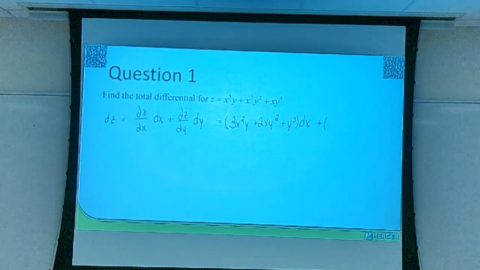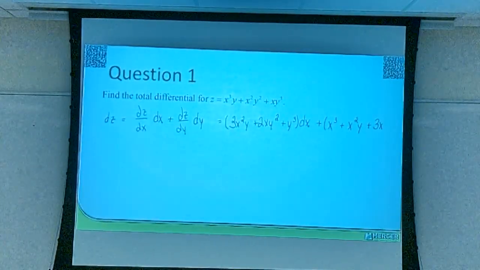Partial z partial y: plus x squared y plus 3xy squared.